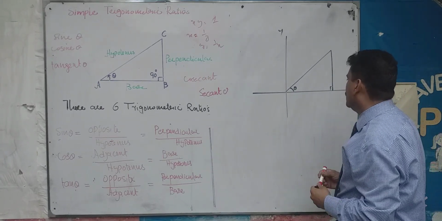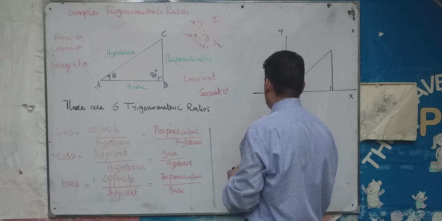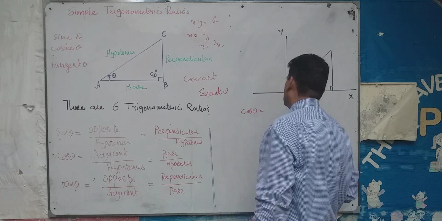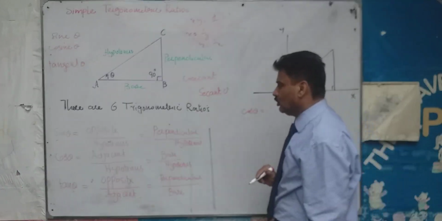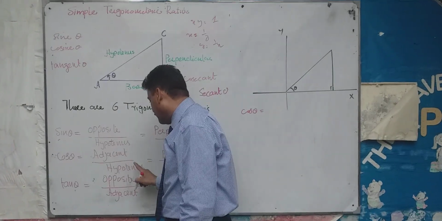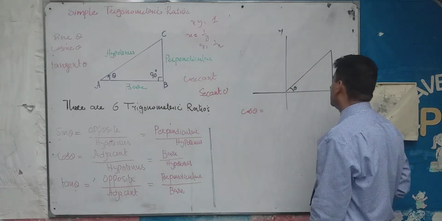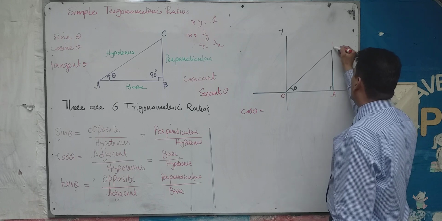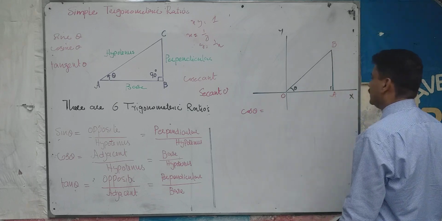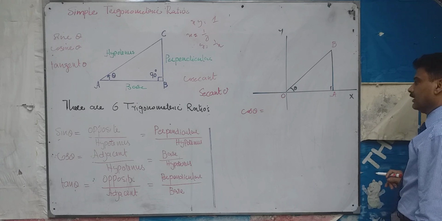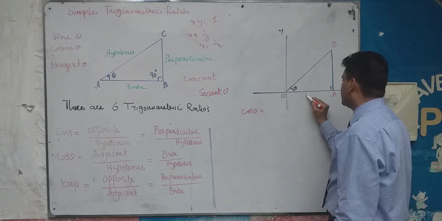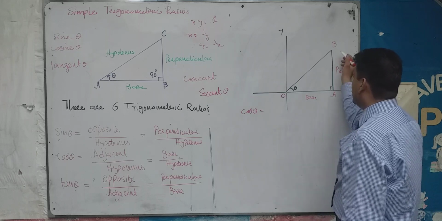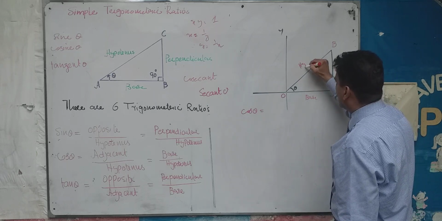You know, cos theta is the ratio adjacent by hypotenuse, or base over hypotenuse. If we take O as the origin, OAB is a right angle triangle. OA will be base, AB will be perpendicular, and OB will be hypotenuse.